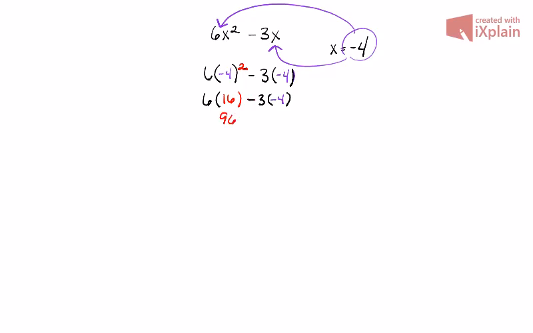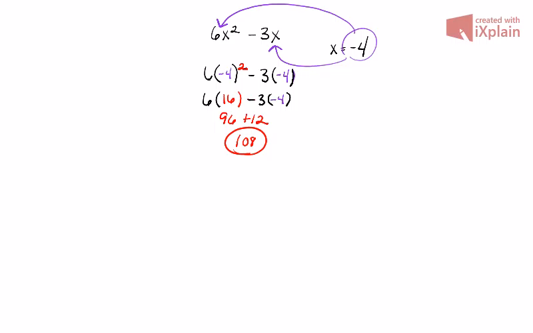And then we have a negative 3 times a negative 4, so this turns into plus 12. And then 96 plus 12 will give us 108. There's your final solution.